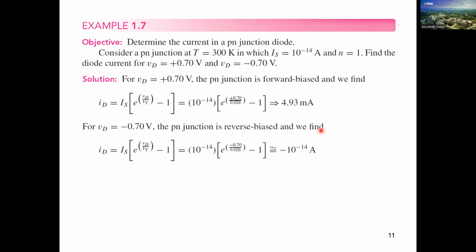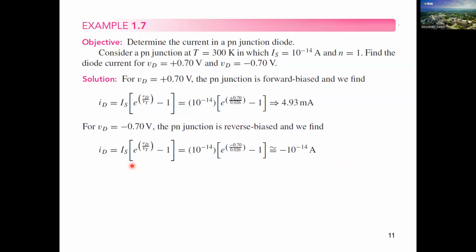Substitute in the relation at minus 0.7. So you will get that this value is almost zero. Exponential minus 0.7 divided by 0.026, it's zero. So this leads to the current being minus 10 to the power minus 14, which is nothing but the saturation current.